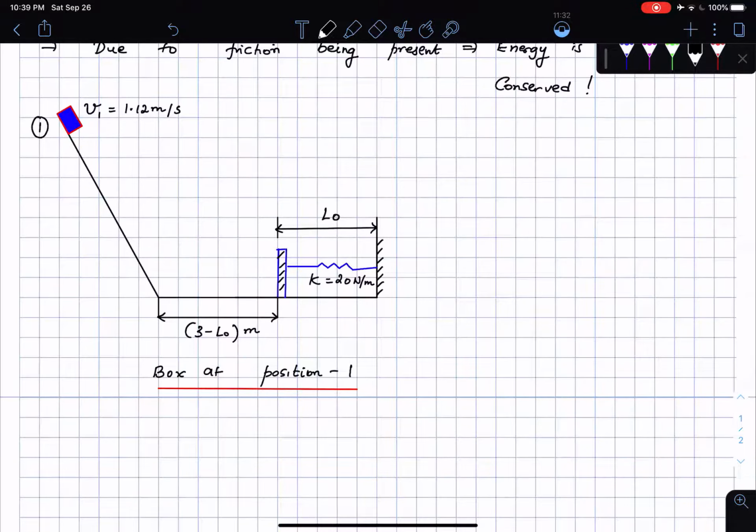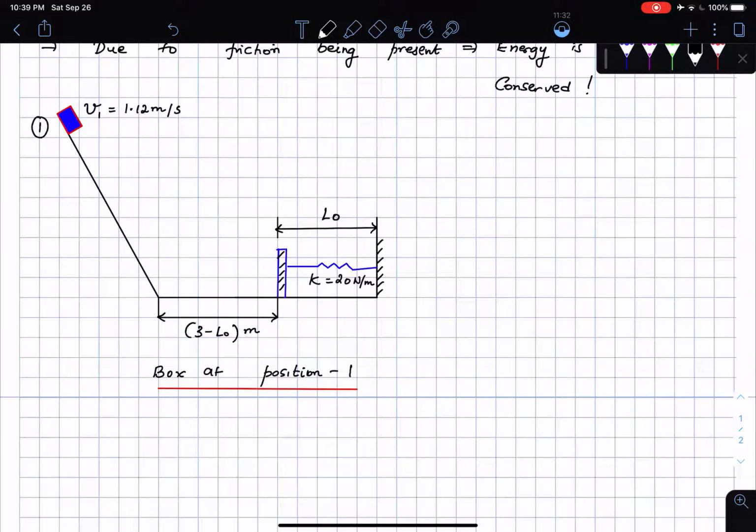So at maximum compression of spring, the velocity of the box is equal to 0.